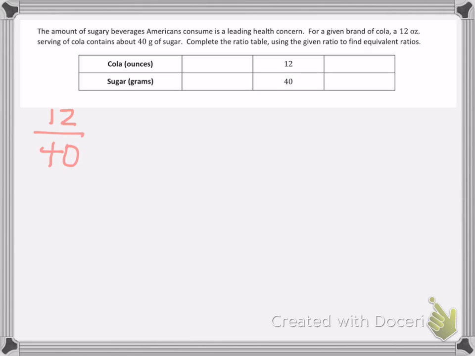And I can see that both of these can be divided by 4. So 12 divided by 4 is 3, and 40 divided by 4 is 10. So there's the value of the ratio. So that's my very first entry, the value of the ratio. And then I can go from there and find others.